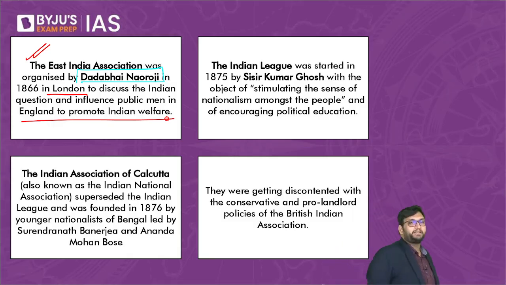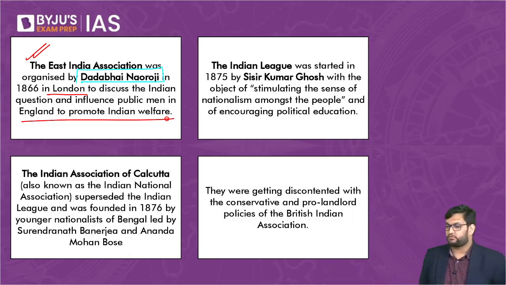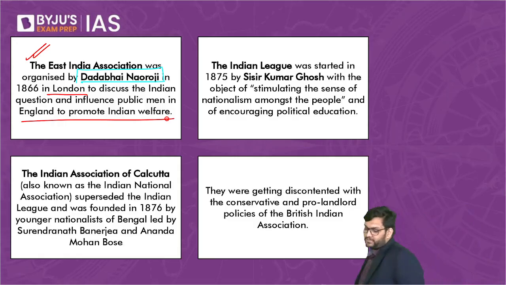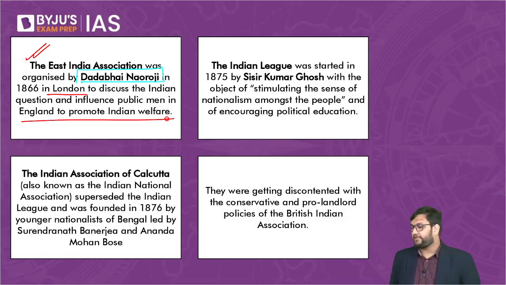But what is more interesting is what Shishir Kumar Ghosh is going to do, which is in 1875, he will introduce the concept of the Indian League. What is that word which has been dropped? Now, when Shishir Kumar Ghosh starts to develop a nationalistic feeling, the word British is dropped.